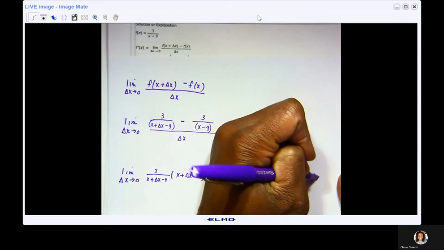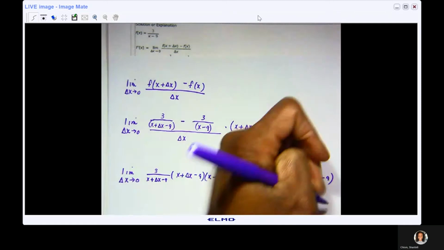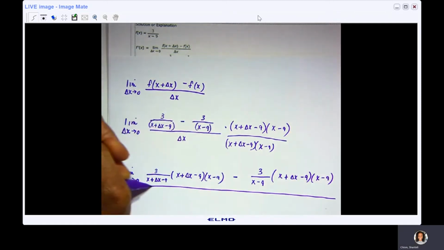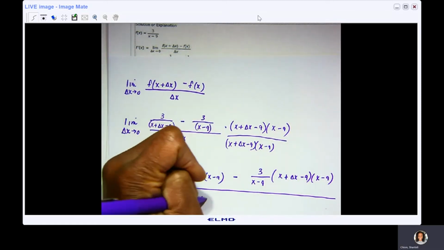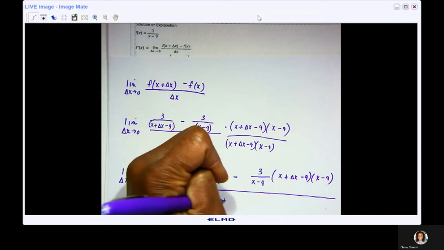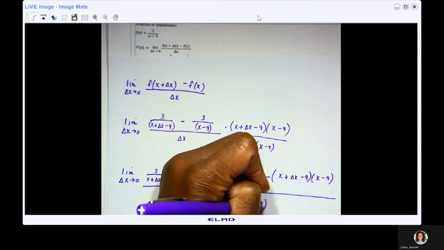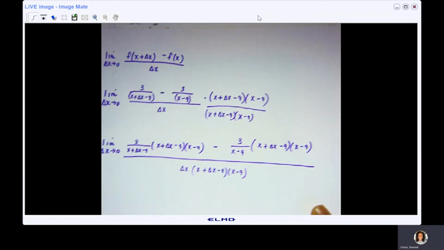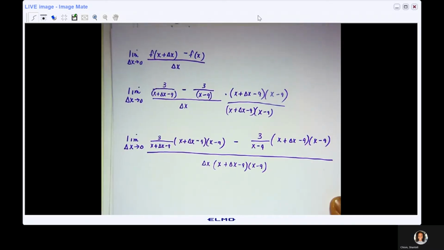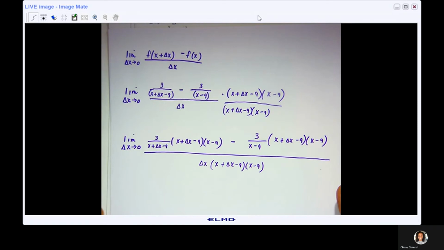Minus 9, and then minus 2 does x. So it's a lot with the limit process. I'm not going to keep it. But again, it's the formula.